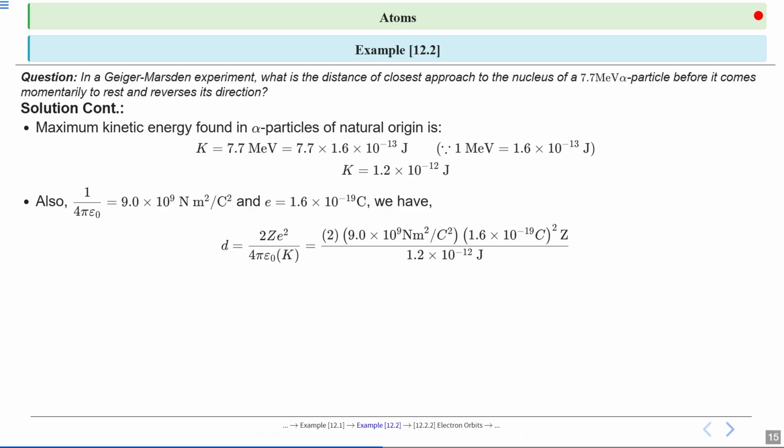So plugging in our values, we see how the distance depends on the charge of the nucleus and energy of the alpha particle. After substituting values, it will become 2 into 9 into 10 to the power 9 Newton meter square per coulomb square, multiplied by e, 1.6 into 10 to the power minus 19 coulomb, squared, times Z, upon the kinetic energy, 1.2 into 10 to the power minus 12 joule.